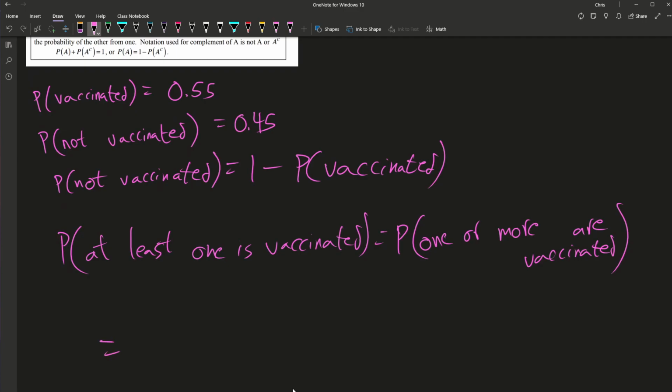And this is the same as 1 minus the probability that none are vaccinated.